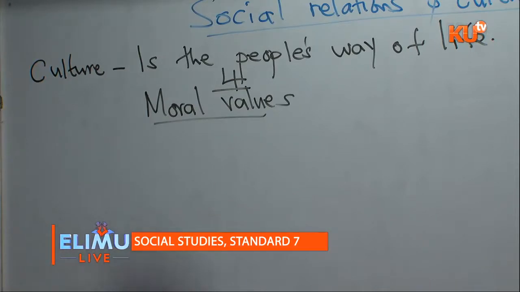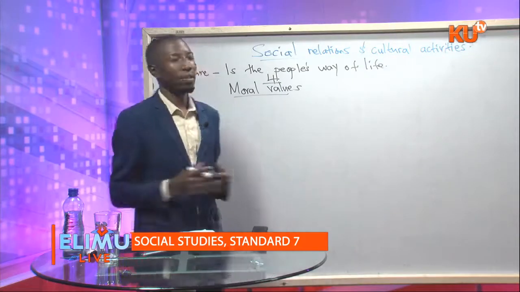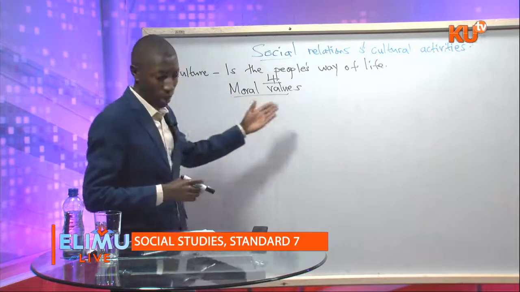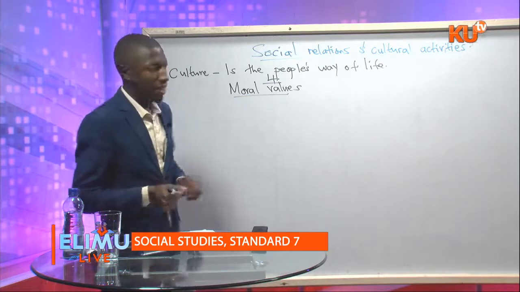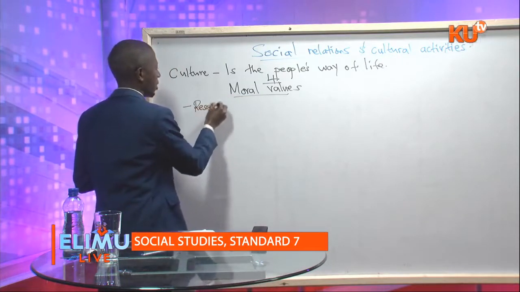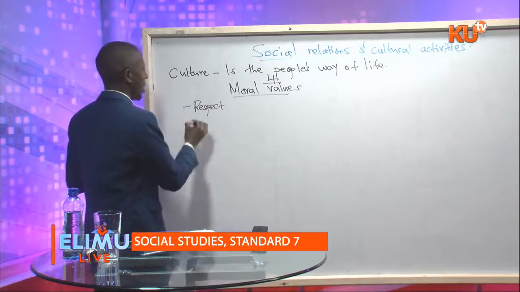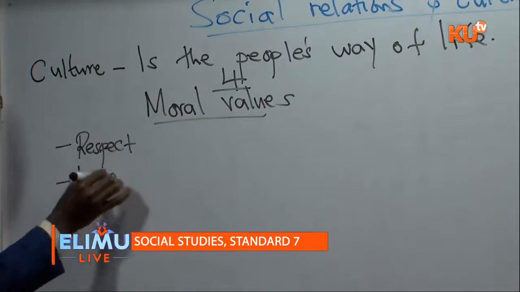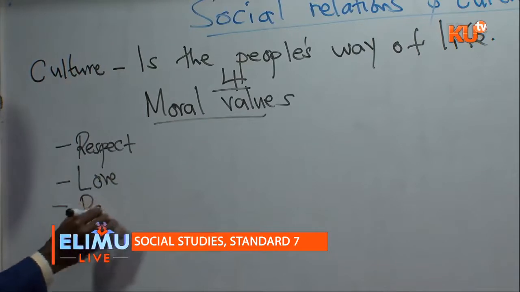And what are moral values? These are rules that guide our behavior in society. They include respect. That is what you said in grade 4. They include love. They include responsibility.